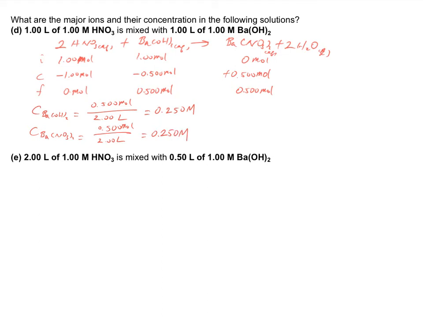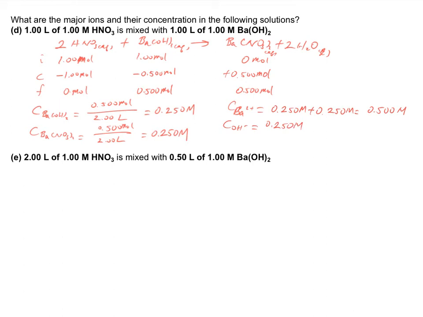So the concentration of barium 2 plus will be the concentration of barium from this part plus the concentration of barium from this part. Therefore, the total concentration of barium in the final solution is 0.250 molar plus 0.250 molar, which is 0.500 molar.